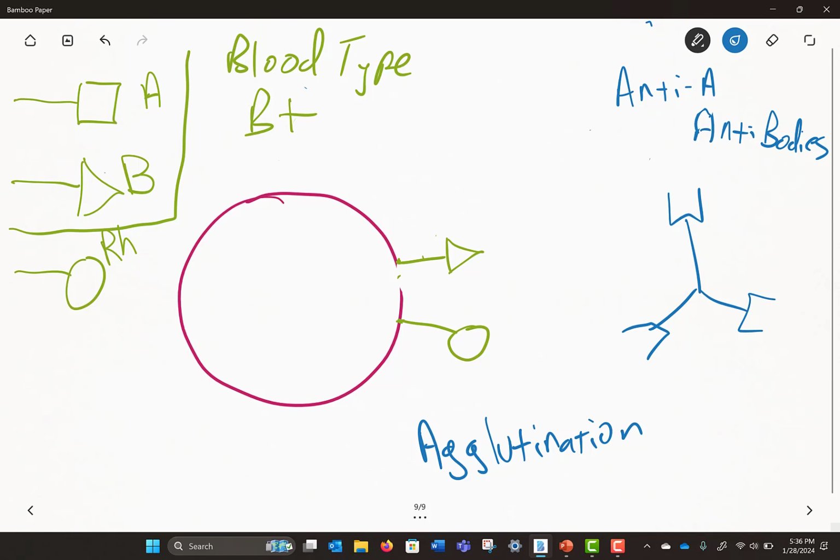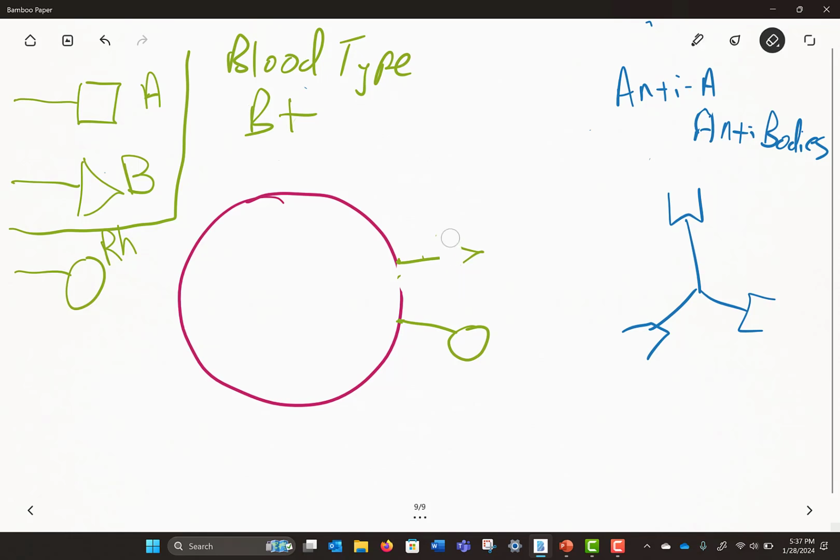Yes. So they will not have anti-B antibodies. Should they have RH antigen in their body? Yes. So they will not have RH antibodies. All right. So now, again, what we're seeing is whatever antigens they have, that's their blood type. Whatever antigens they don't have, they will have those antibodies.